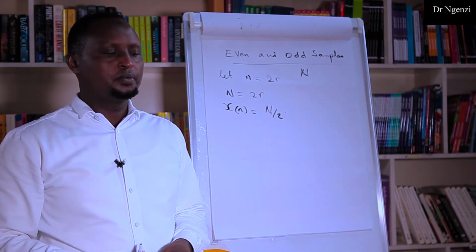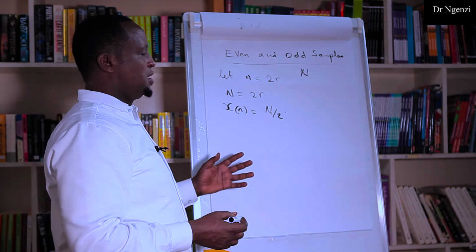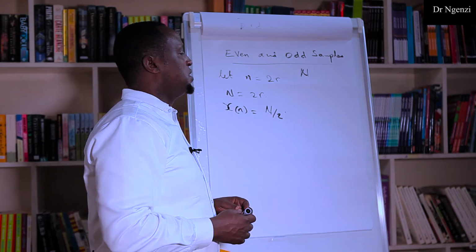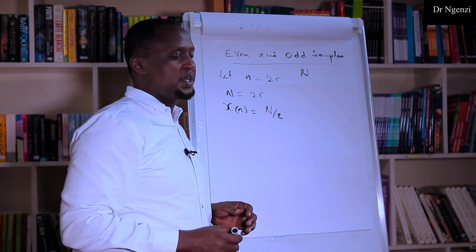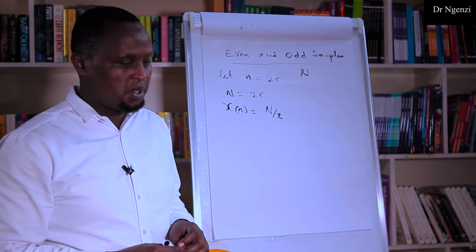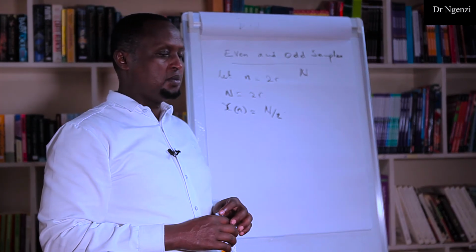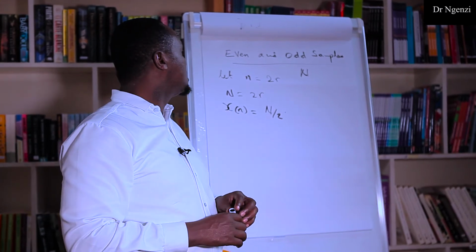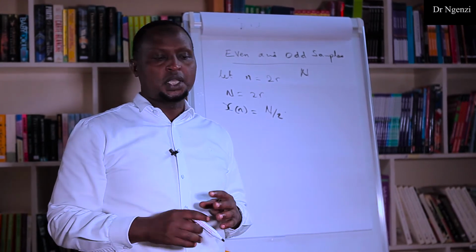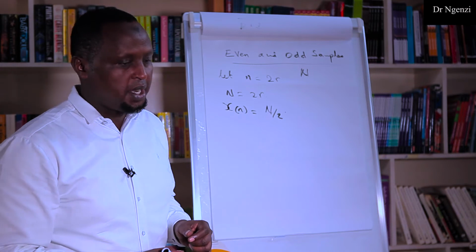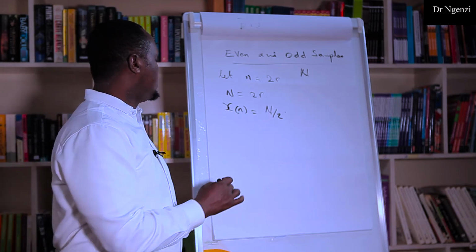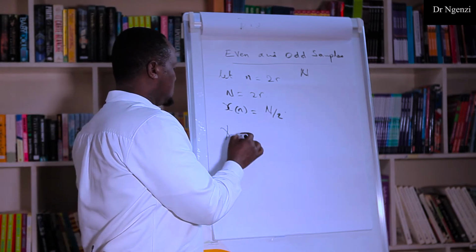If the even indexed sequence is sampled the first time, and the odd sequence is sampled the second time, then you can get the first sample as x of k.